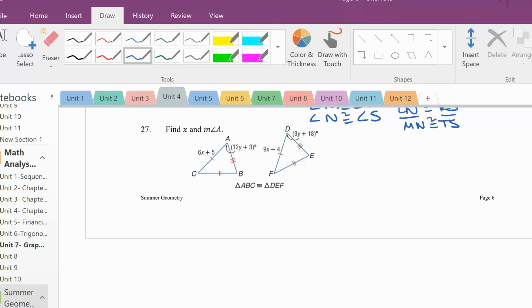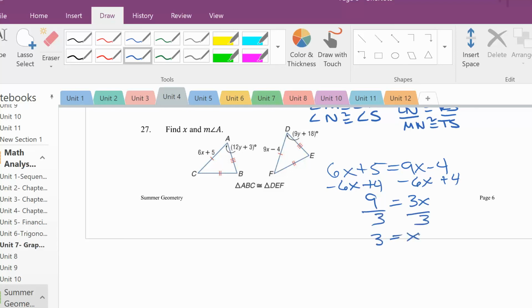All right, so then it says these two triangles are congruent, find x. So since we know these two sides are congruent, 6x plus 5 equals 9x minus 4. And then divide by 3, so you get x equals 3.